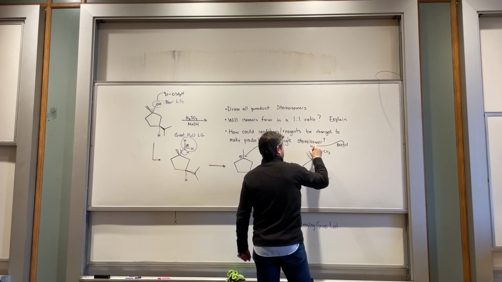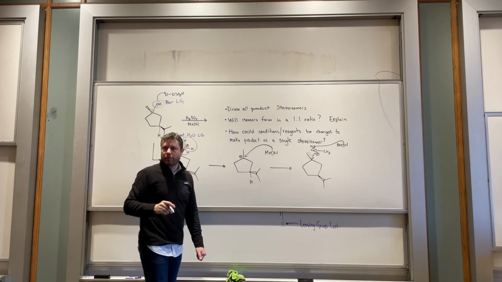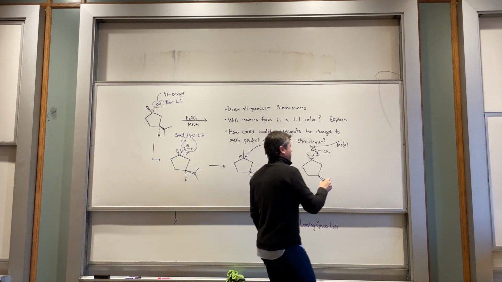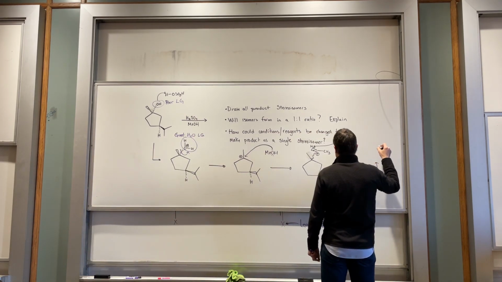And then the last step, methanol will also act as a base, deprotonate that last intermediate, and that's going to lead us to 2 stereoisomers.